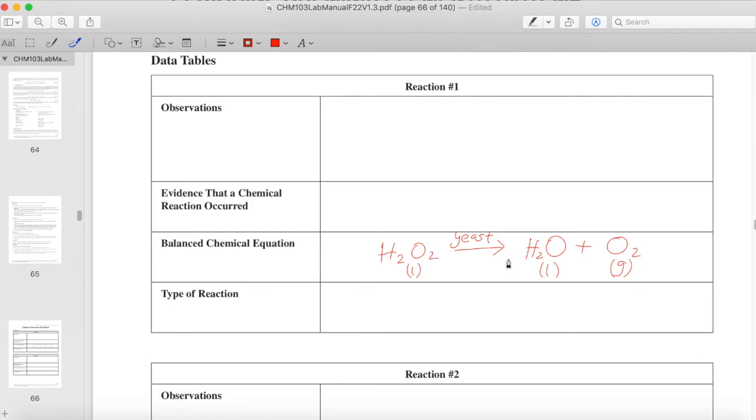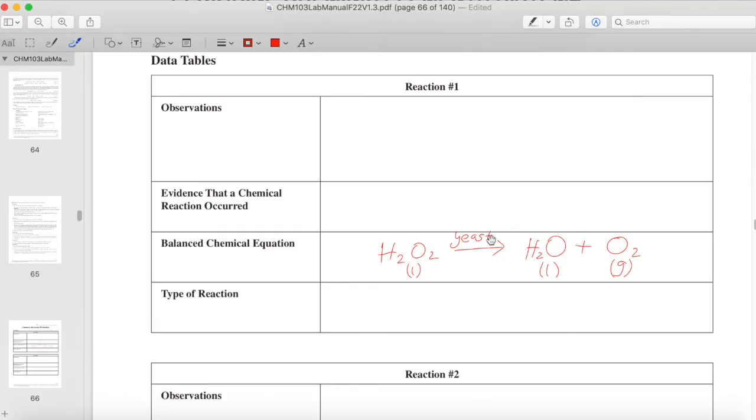I find that this one is a tougher one for a lot of students. So I would suggest if you are getting stuck on this one when you're trying to balance this out, try using two hydrogen peroxides and go from there. See if that helps you out.